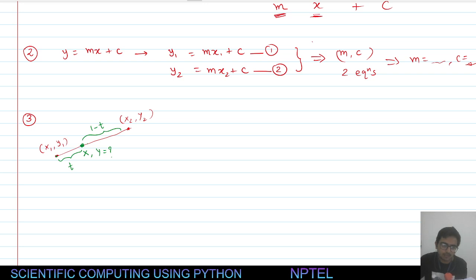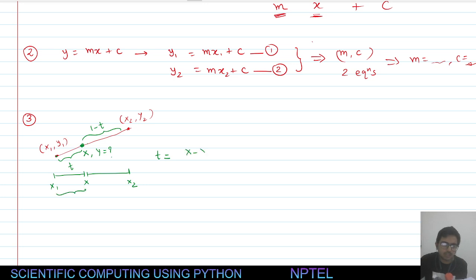So can we find out that ratio? Yeah. So it should be the same ratio on the x-axis also, right? So this is x, this is x1, and this is x2. So now we can write t as the distance between these two.